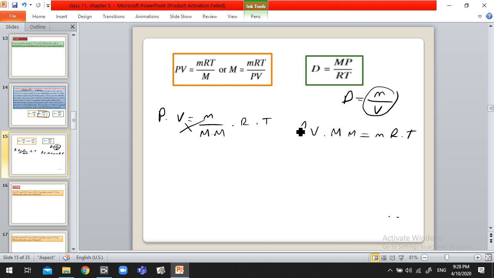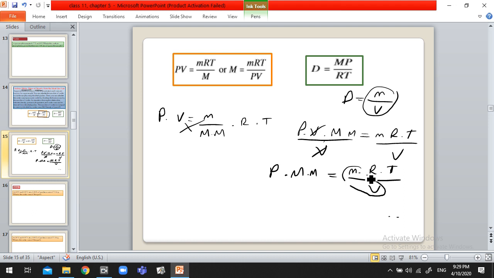So you have to make mass over volume and make it alone. So guys, firstly, if you divide both sides by V, it will be what? P times molar mass equals m mass R T over V. So what does that mean? It is density, isn't it?